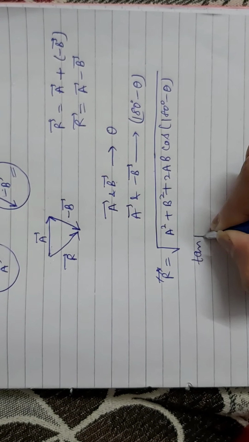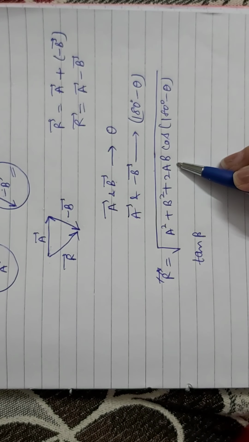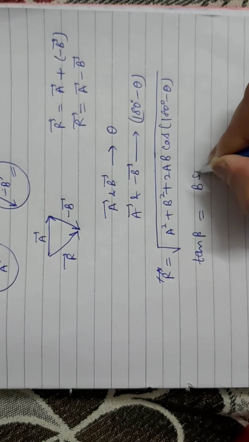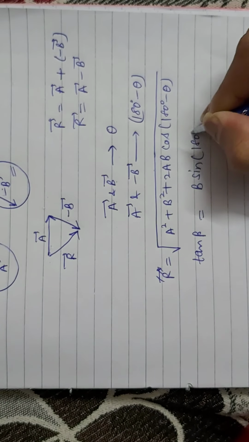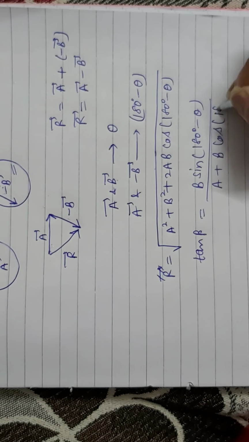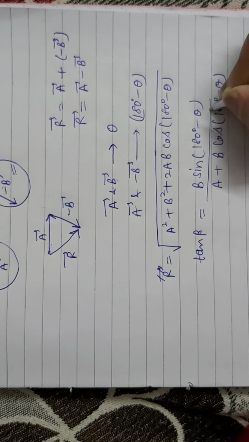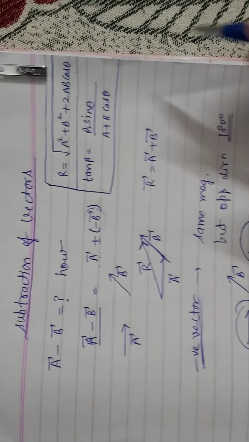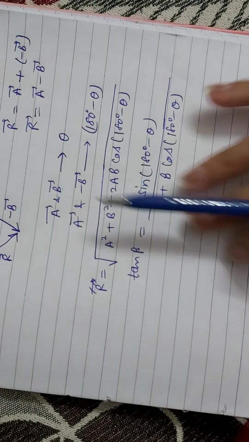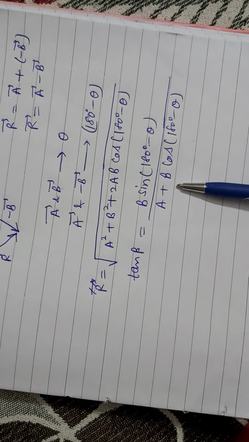Similarly, this is the magnitude of the resultant vector, and the direction will be given by tan beta equals B sine of (180 degrees minus theta) upon A plus B cosine of (180 degrees minus theta). The same result which we have generalized in the vector addition, the same we are having in the vector subtraction.